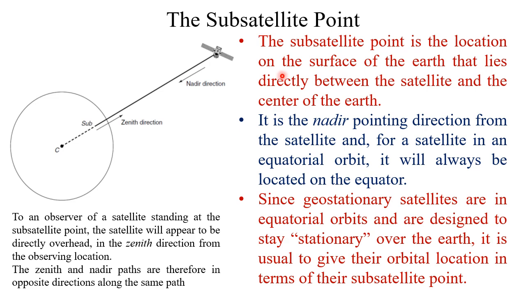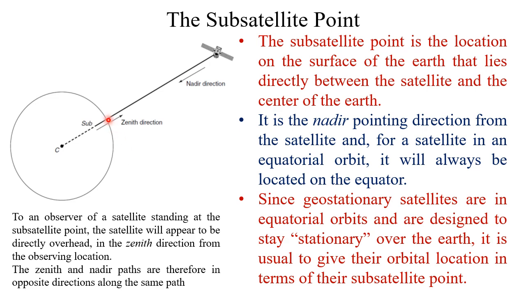The subsatellite point is the location on the surface of the Earth that lies directly between the satellite and the center of the Earth. Actually, the subsatellite point plays an important role for geostationary satellites, because for a geostationary satellite, the subsatellite point is fixed.